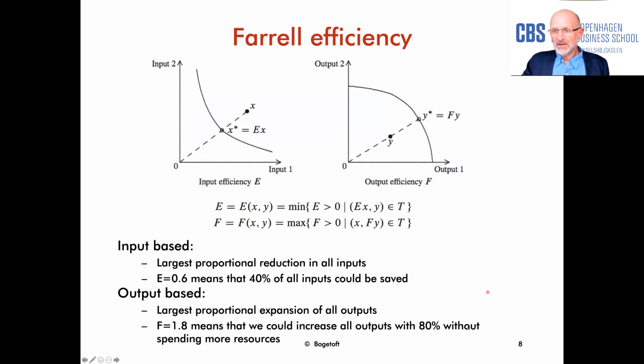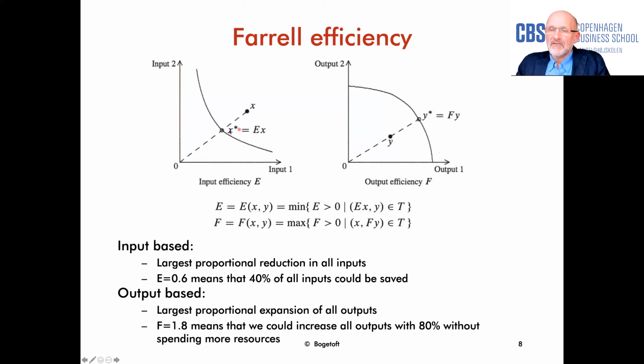Okay, and if you want to translate these expressions here to math, you can look at this picture up here. So you have input 1, input 2. In this left panel here, I assume that outputs are fixed. And so I have a production plan here. I have the isoquant corresponding to the output of this firm I'm looking at, and it's located here.